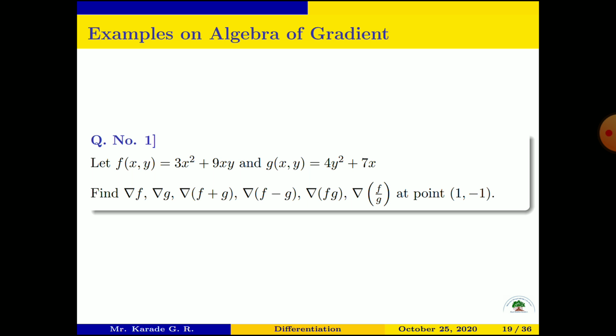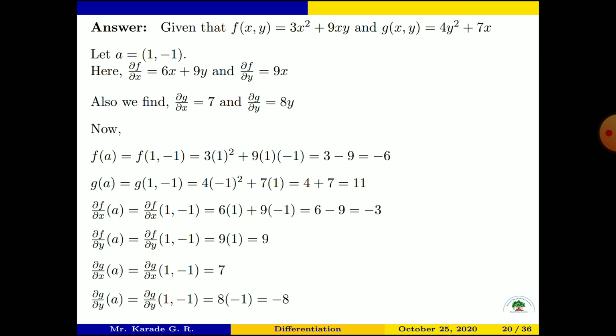So if we find the gradient of f and gradient of g, then the remaining gradients can be found by using the algebra of gradient. So keeping in mind these two functions, f of x comma y is equal to 3x square plus 9xy and g of x comma y is equal to 4y square plus 7x, we write the answer.